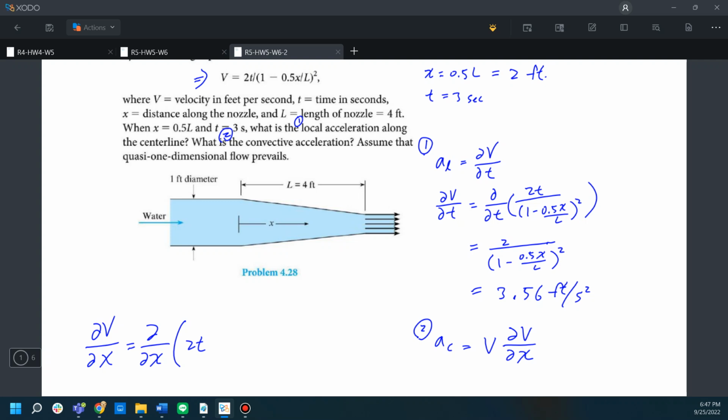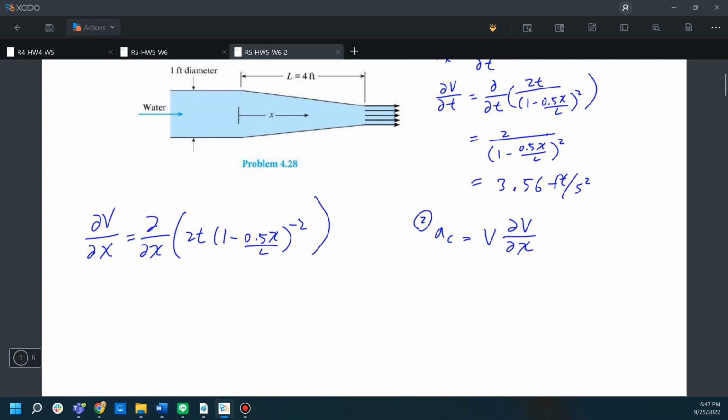And remember that if we want to do that, we just need to add a minus sign on the power part. Okay, so this is 2t times 1 minus 0.5x divided by L, to the power of minus 2.